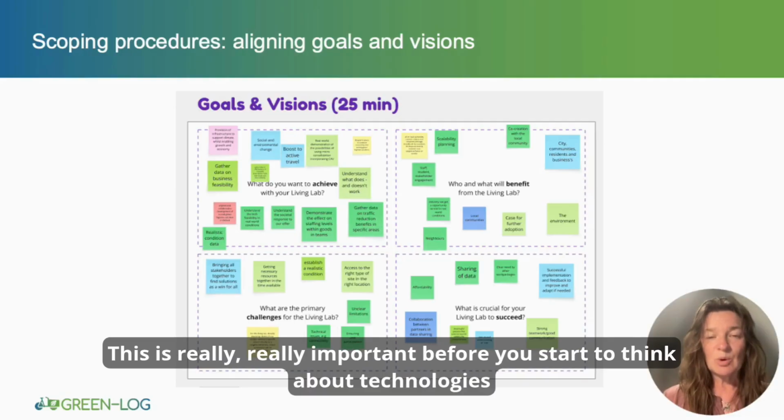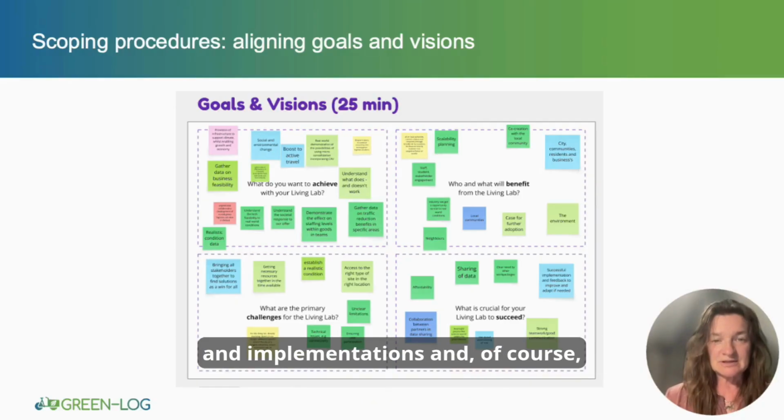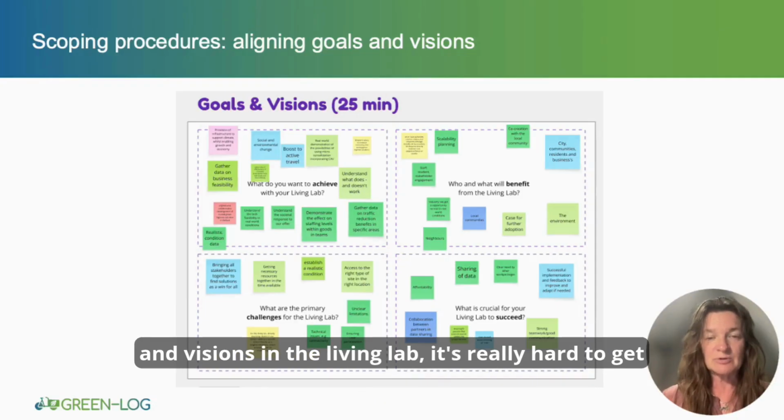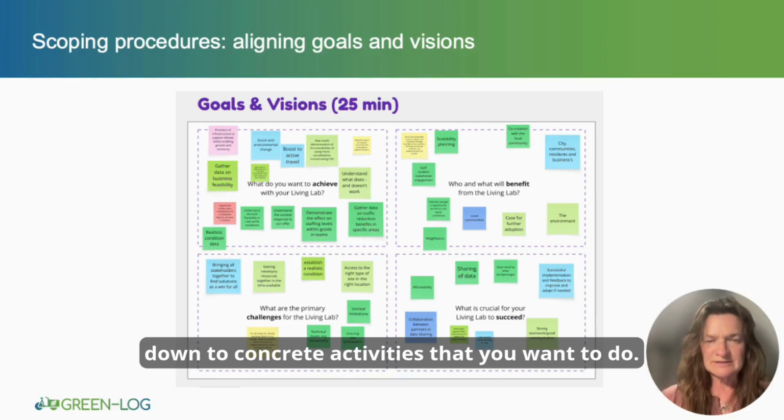This is really, really important before you start to think about technologies and implementations and, of course, user requirements. Because if you don't have aligned goals and visions in the Living Lab, it's really hard to get down to concrete activities that you want to do.